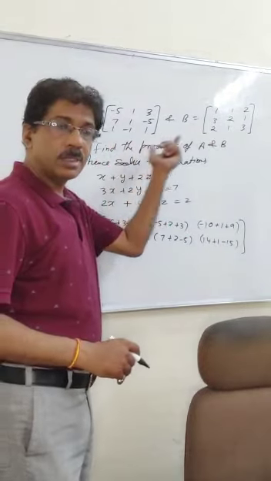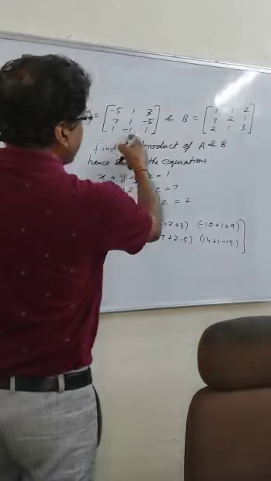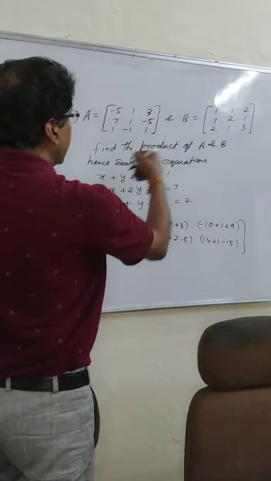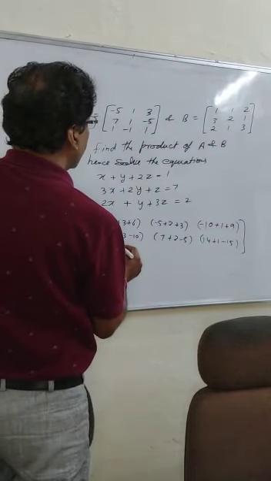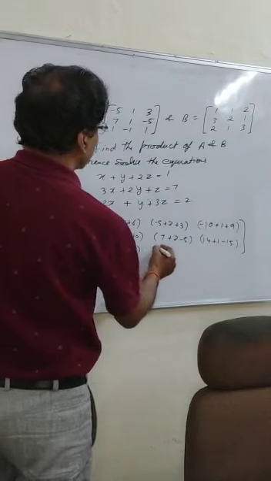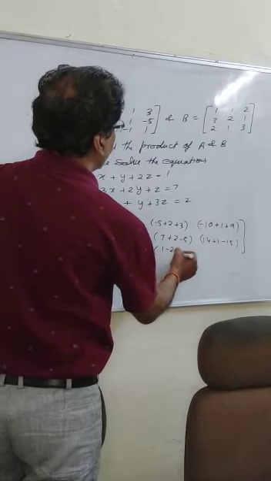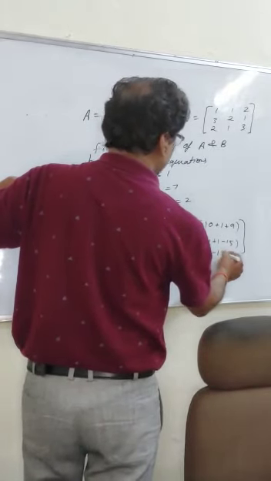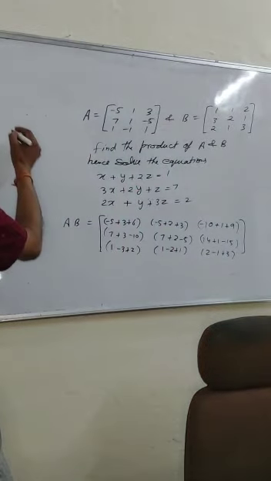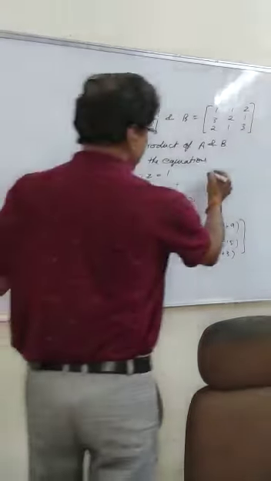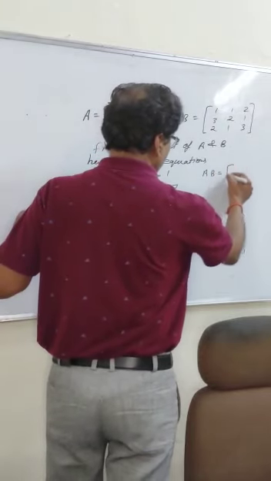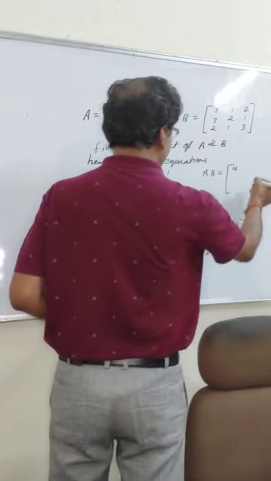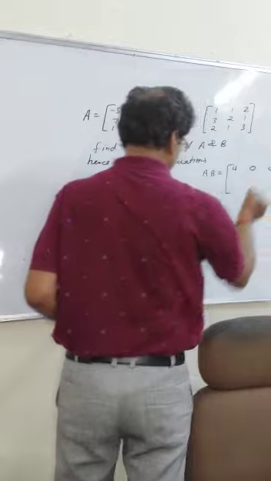Now we come to the third row, which is 1, minus 1, 1. When you multiply this with the columns of the second matrix, it is 1 minus 3 plus 2, 1 minus 2 plus 1, and 2 minus 1 plus 3, which gives you AB is equal to 4, then 0, and then 0.